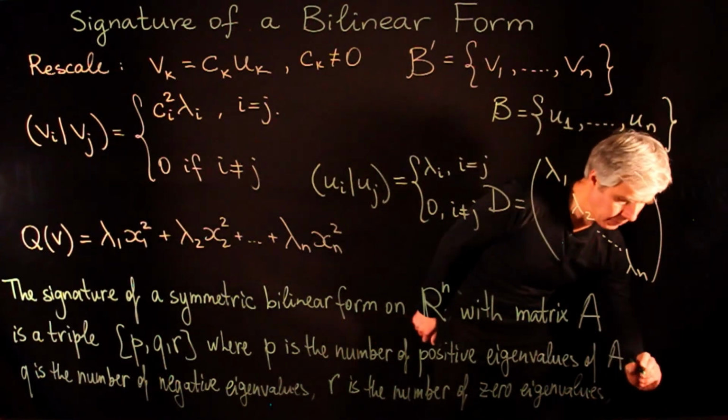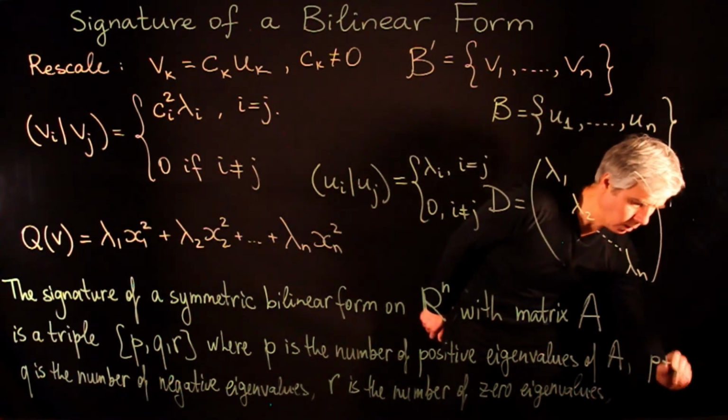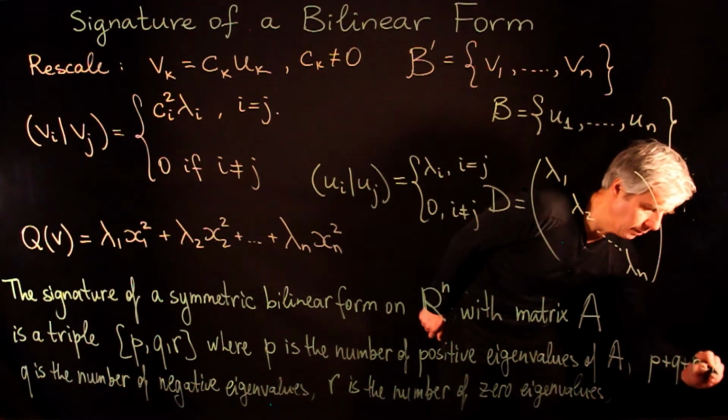And clearly, P plus Q plus R is equal to N.